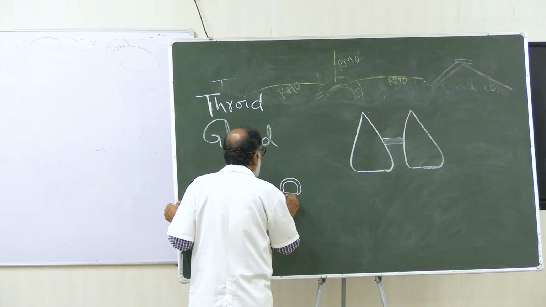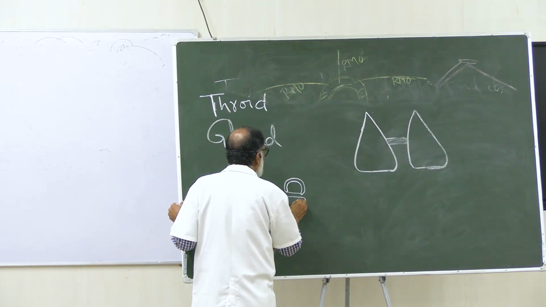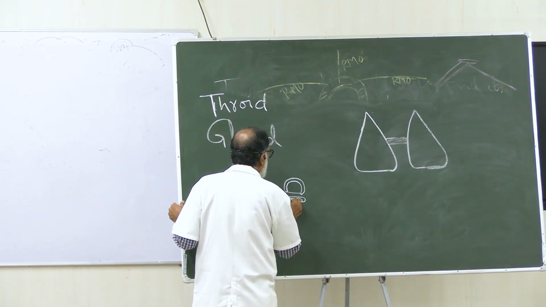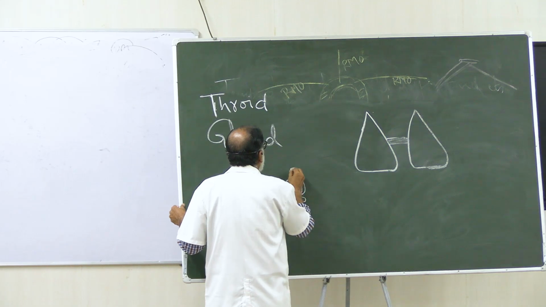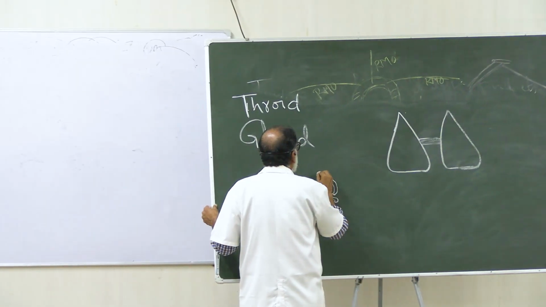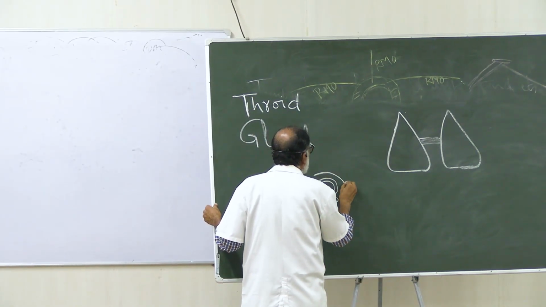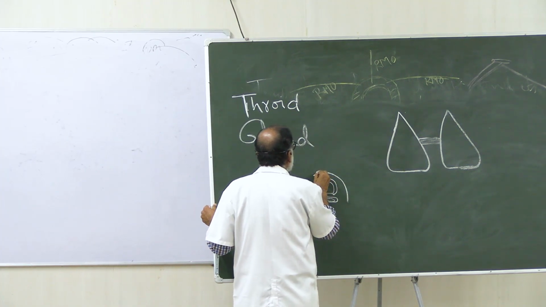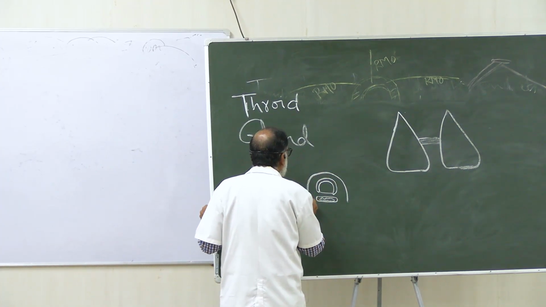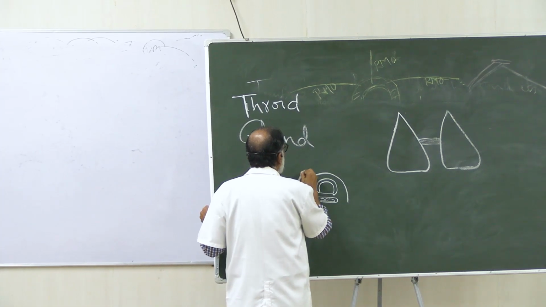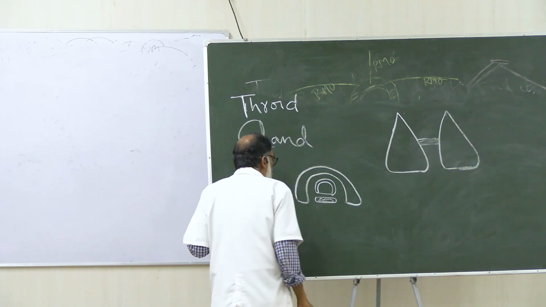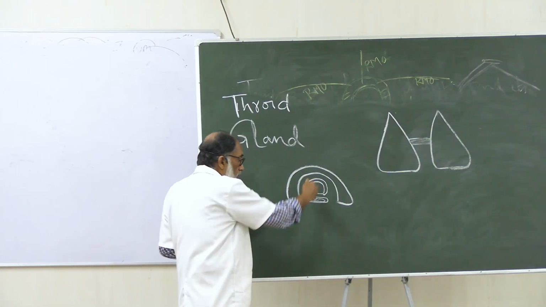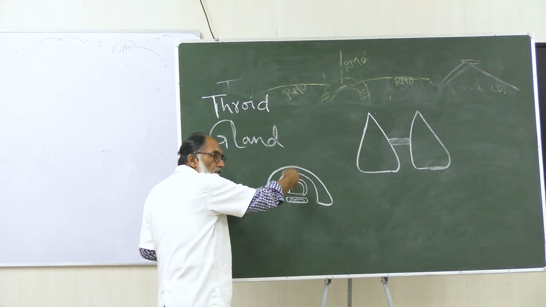Here lies the esophagus. Now in front of it lies the thyroid gland. So it lies in front of the trachea.